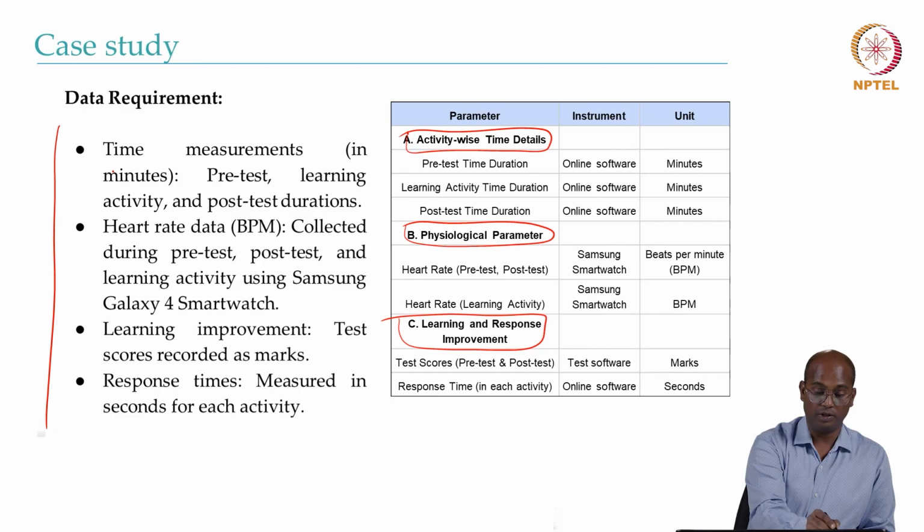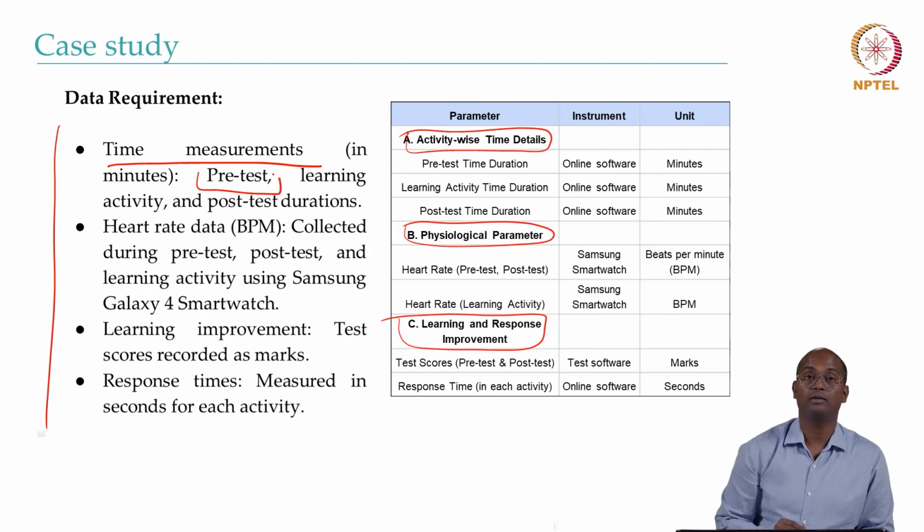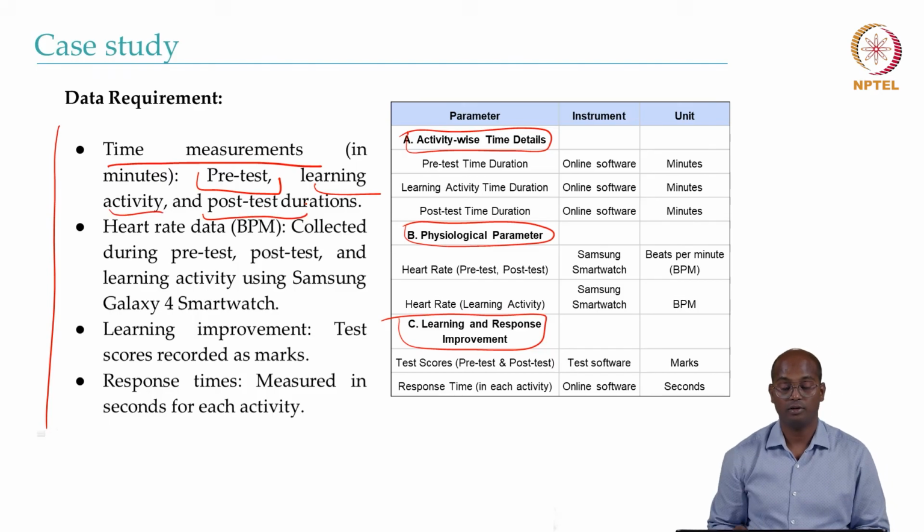So we capture time measurements, pre-test, learning activity, and post-test. So here we want to understand what is the impact on learning, which modality contributes to better learning. So we give a topic to students to learn about, and before that we ask a few questions to understand their background knowledge about it.